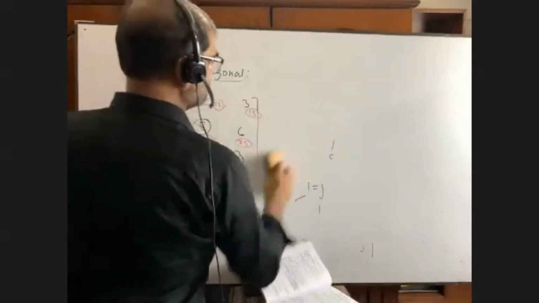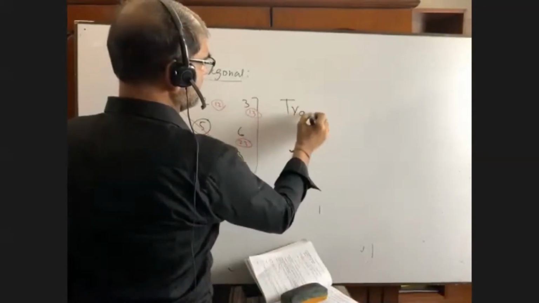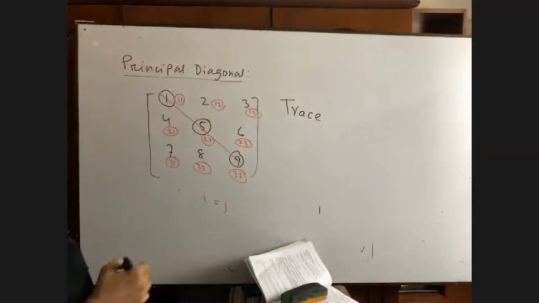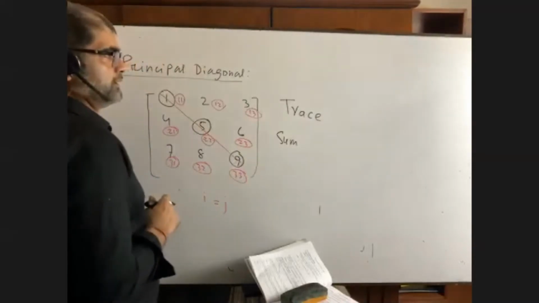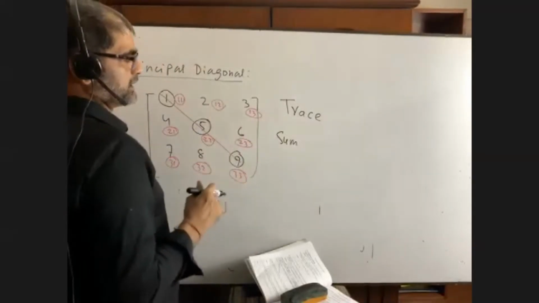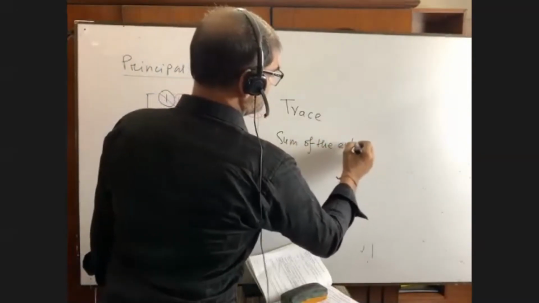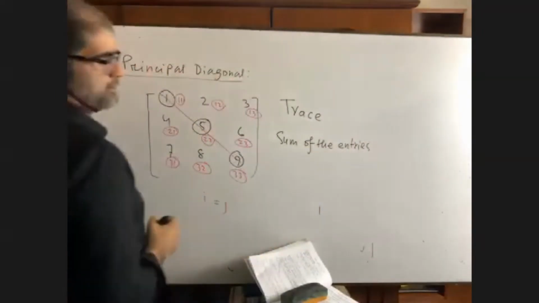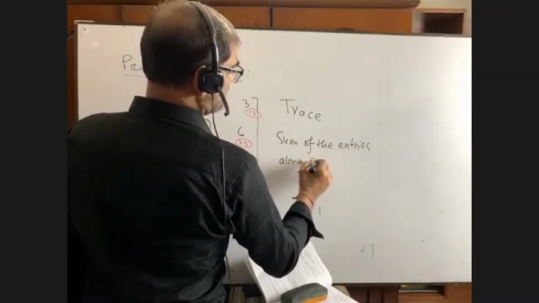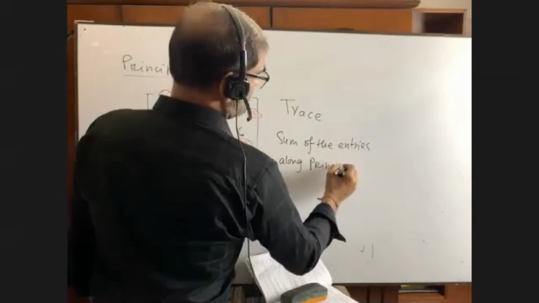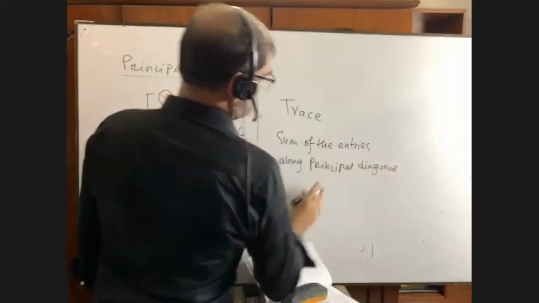Very good. Now, in this topic, there is another thing named trace, T-R-A-C-E. What is trace? Write down the definition: the sum of the entries along the principal diagonal is called the trace.